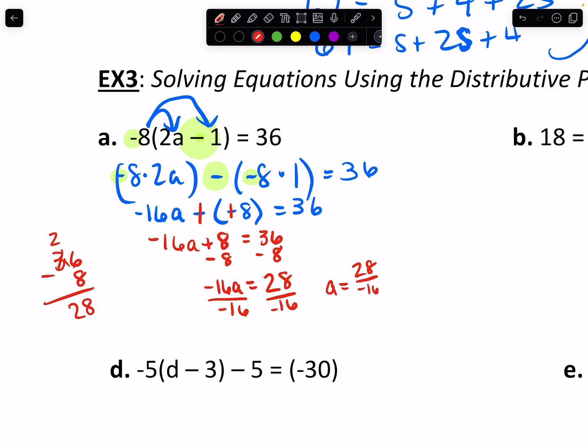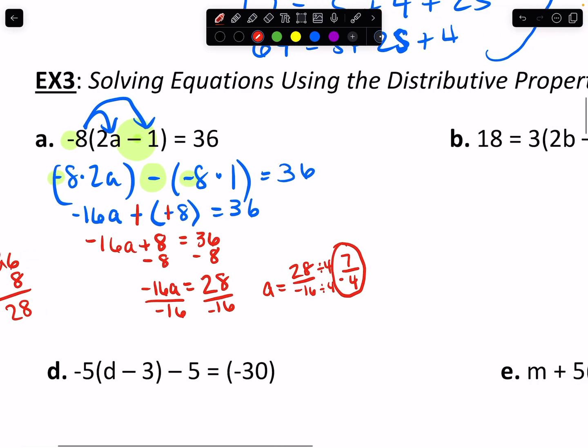I can simplify that with a 4. I get negative 7 over 4. I believe that's the answer. If I have missed an error other than the one I already caught, please let me know. But I can't see it after looking very carefully. So let's do B.